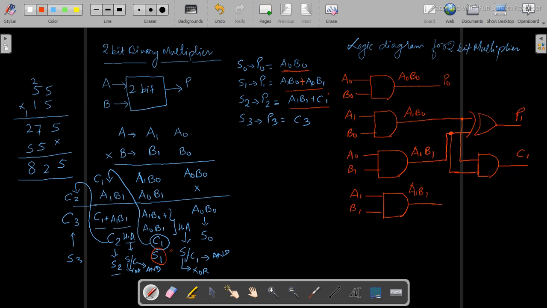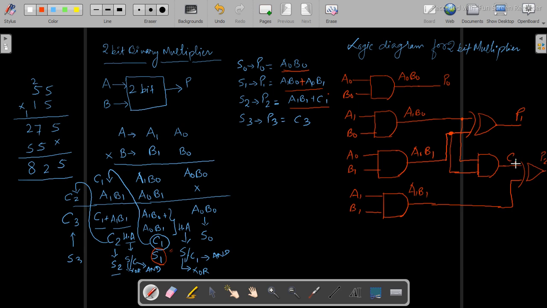So one input from the AND gate and one input from C1, we can use these two inputs, so we can implement another XOR gate, and the output of that XOR gate will be P2.